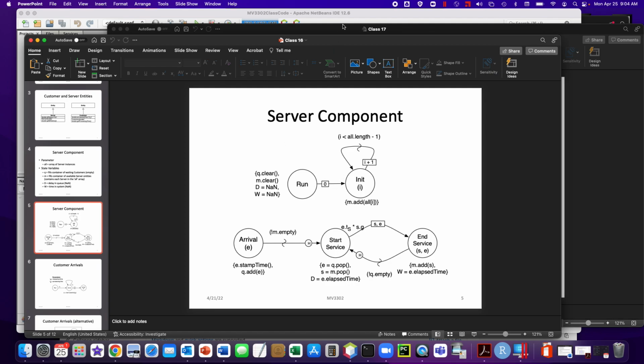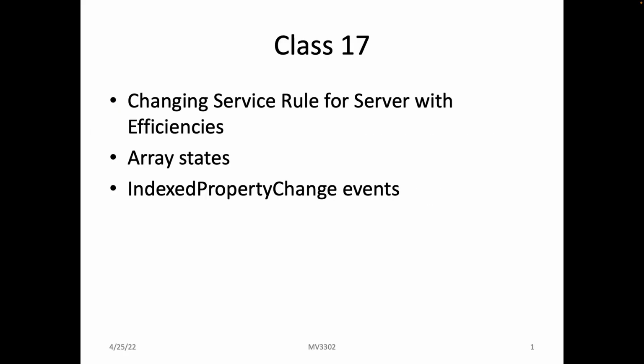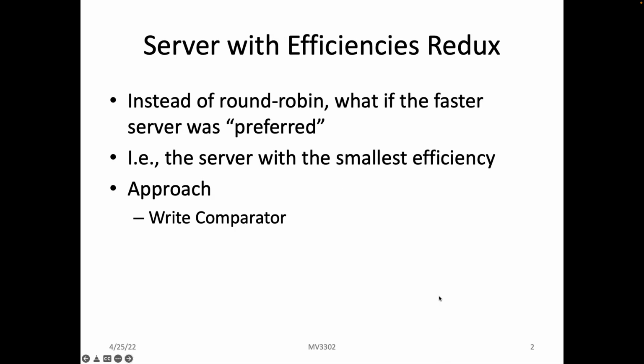Okay, so that's how that model was operating. But what we're looking at is a situation in which, what if we had a different rule? So instead of the round robin, what if we liked the faster one? What if somehow we knew which of these servers was faster? In a machine shop context, you generally know which machines are faster than others.